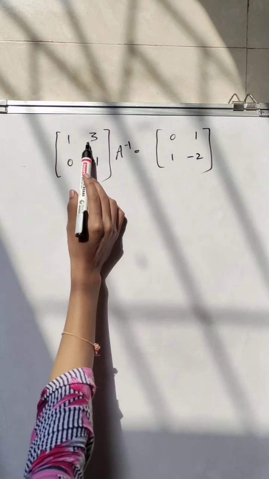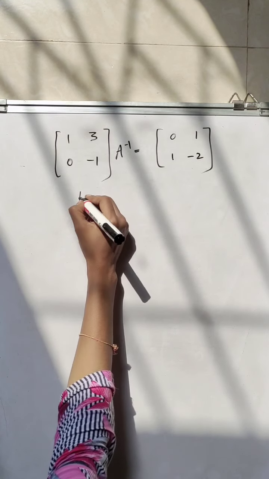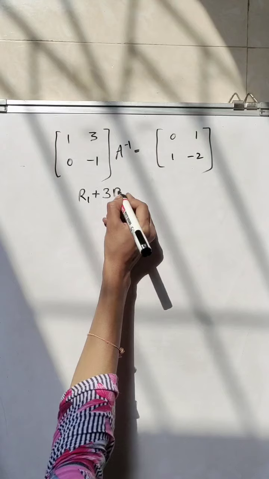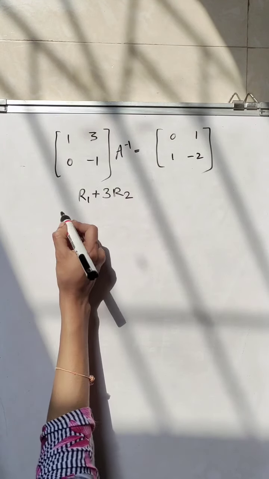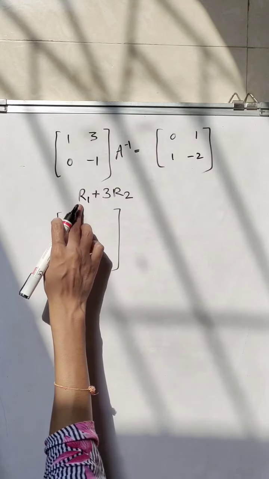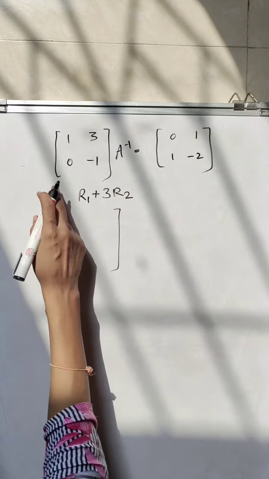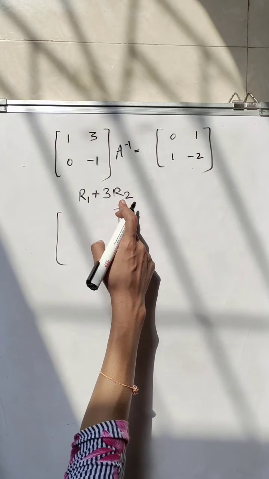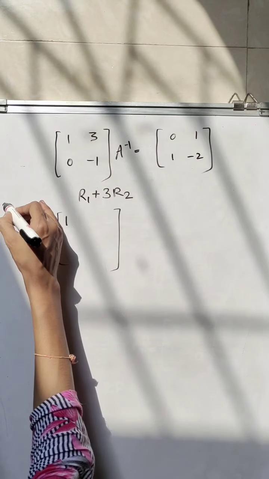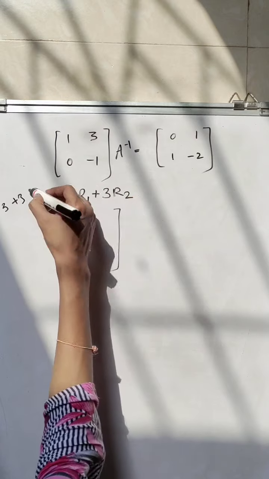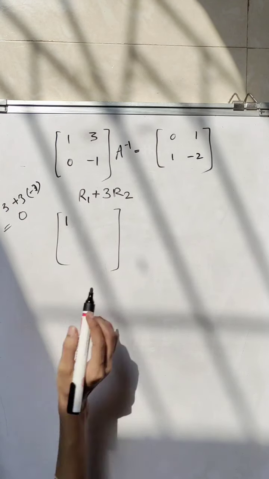Now we have to convert this 3 into 0. For this, we are going to apply R1 plus 3 R2. R1 changes to R1 plus 3 R2. That is 1 plus 3 into 0 is 1. Then 3 plus 3 into minus 1, so it will be 0.